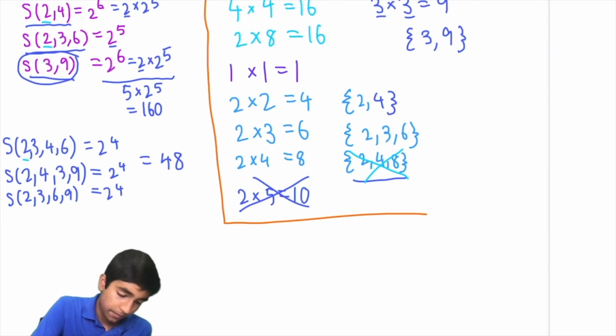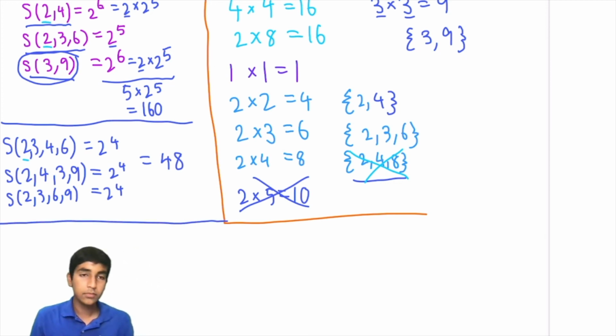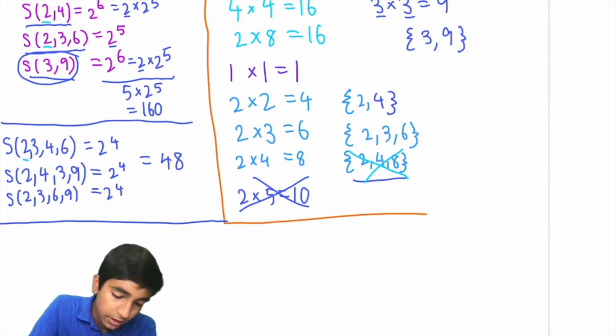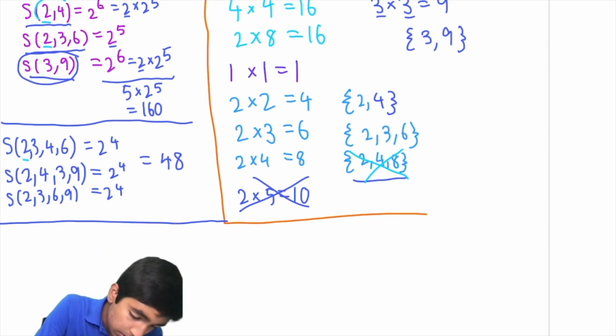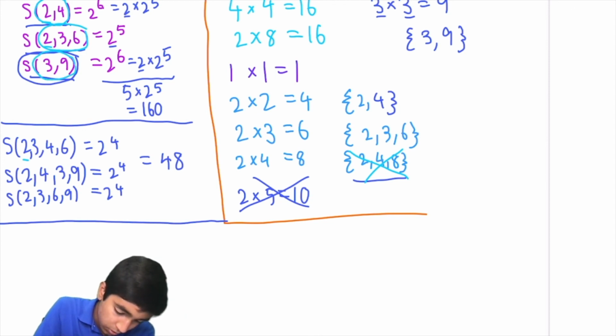Okay. Next. Now all we have to do is look at the case where all 3 of them are true. For our subset to include all 3 of these things, 2, 4, 2, 3, 6, and 3, 9, it has to contain the elements 2, 4.